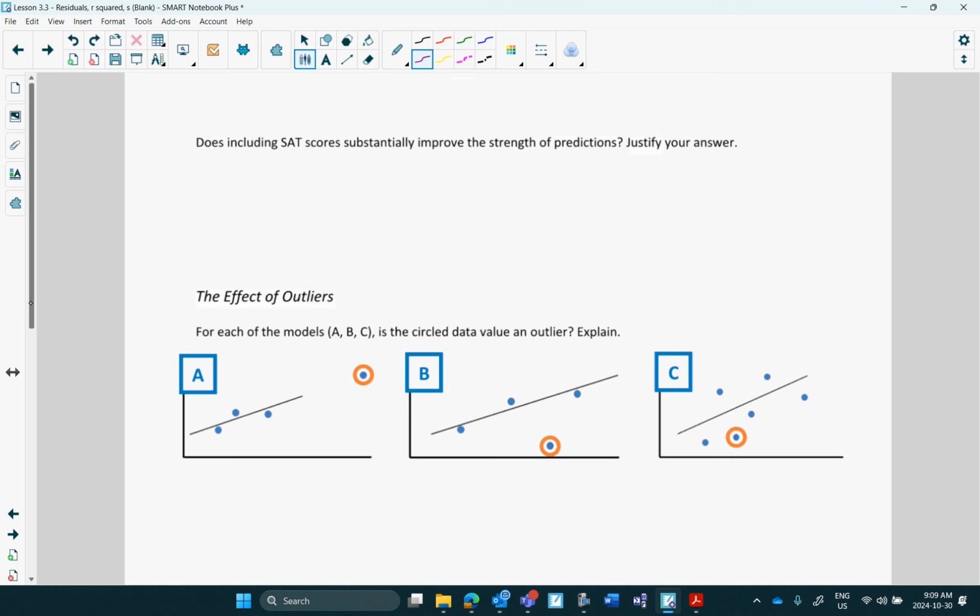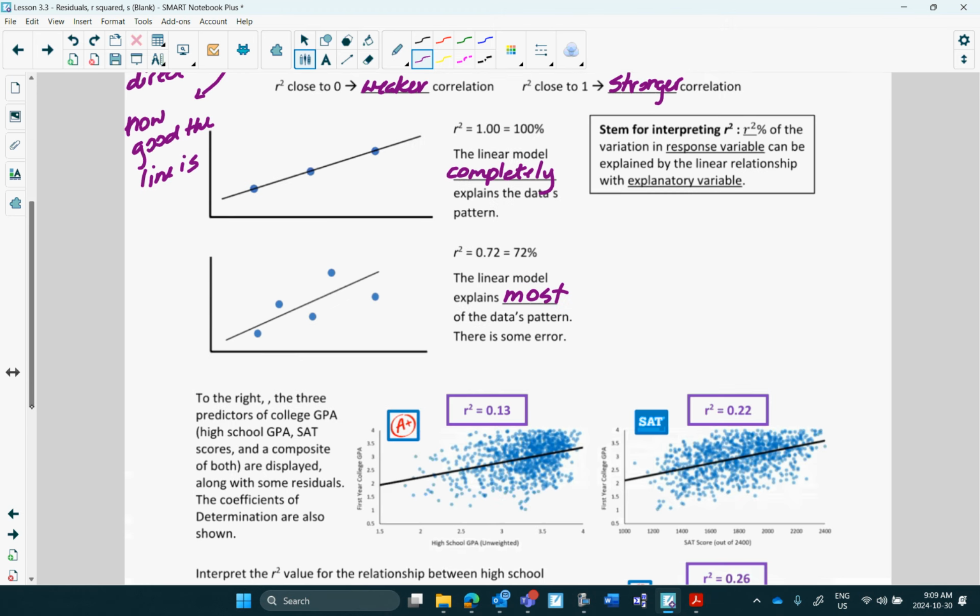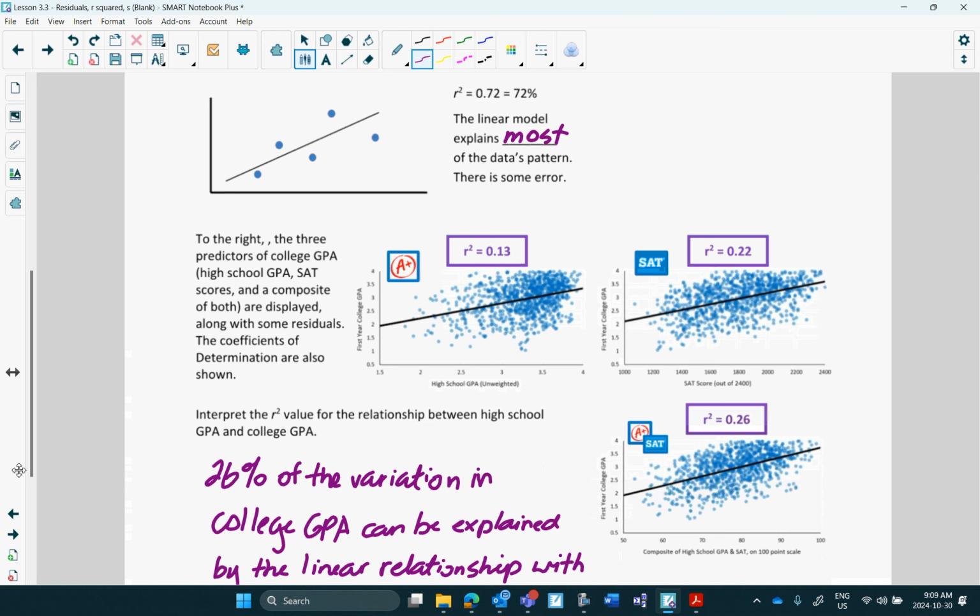So here, just to answer this question, we're just comparing back to this. Does adding SAT scores make the predictions better? Yeah, it does. It's twice as much in percent. Whereas if it's just high school, it's only 13%. If it's high school and SAT, it doubles to 26%.